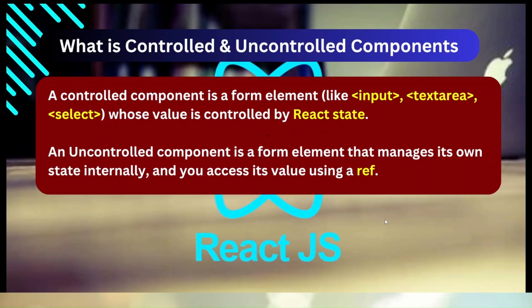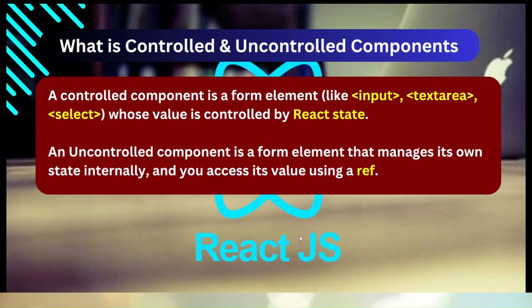Now, from this very basic difference, we can understand that if we are going to manage controlled components of form elements, we have to use a hook of React that is called useState, because in controlled components the values can be controlled by React state. But if we're talking about uncontrolled components, the form elements' values can be managed by using a React hook called useRef.